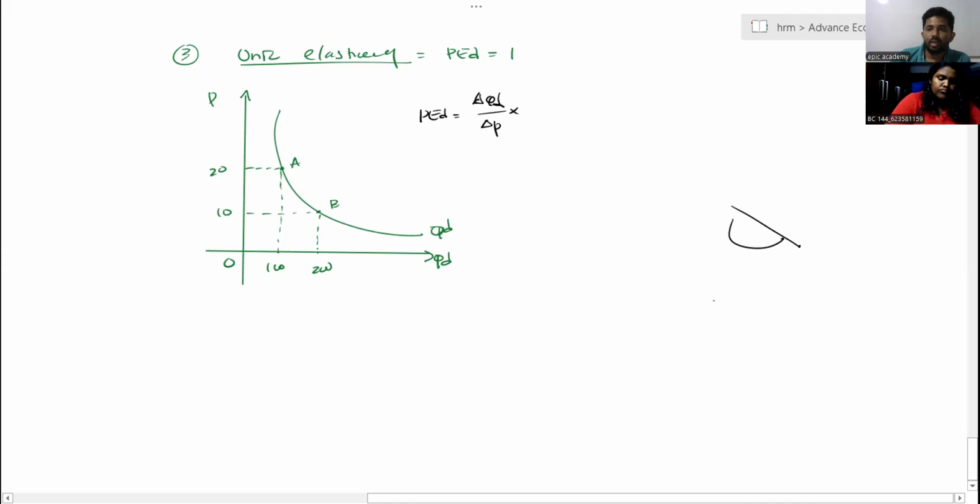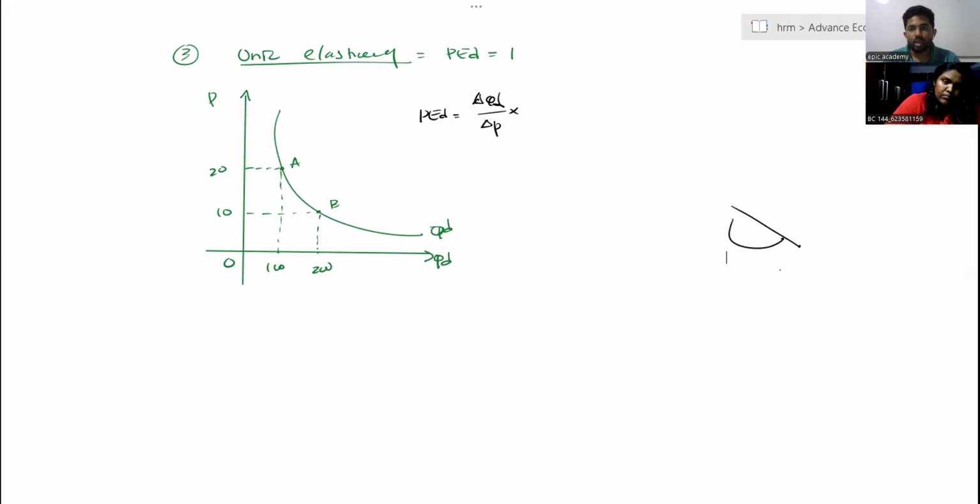You have to use arc elasticity. It's very important, okay? If the demand curve takes different shapes, hyperbola or any other, you have to use arc elasticity.